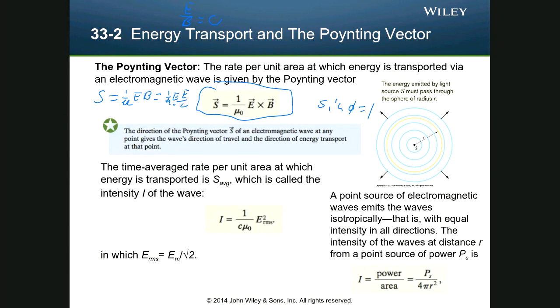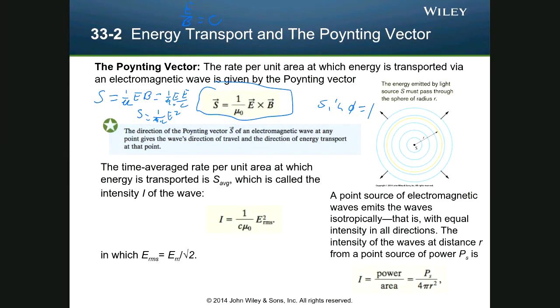And so if we do that, we'll get that S is equal to 1 over mu naught C times E squared.